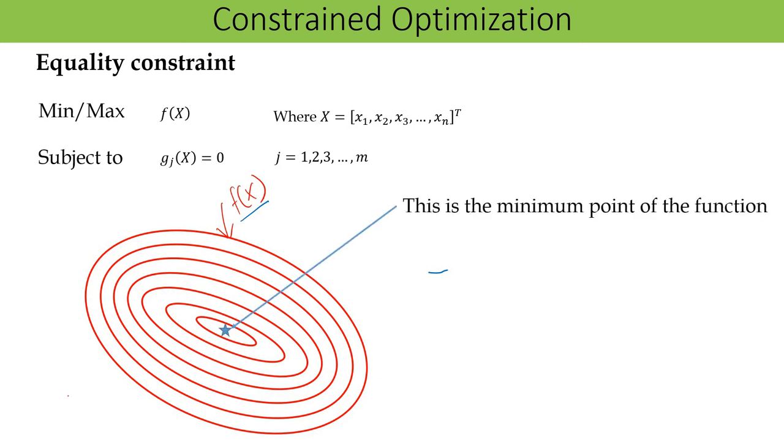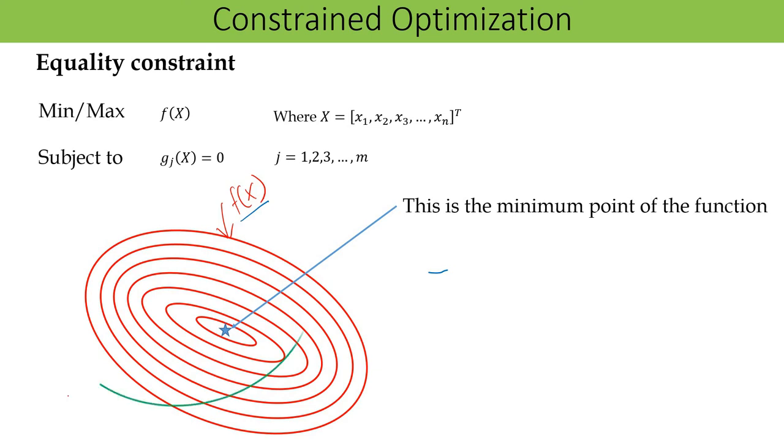The minima is somewhere here. This is the minima of this particular unconstrained function. That means if I try to minimize f(x), I should get this solution, where the first derivative is equal to 0.